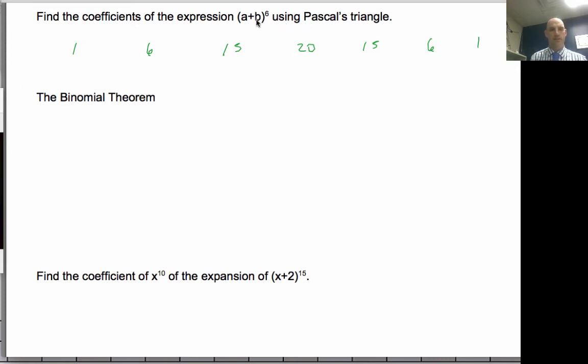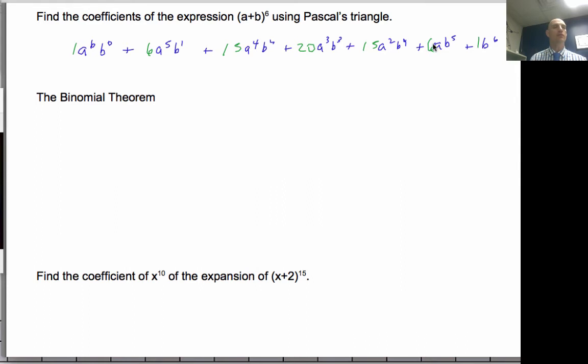They go like this: a to the 6th, b to the 0; 6, a to the 5th, b to the 1st; a to the 4th, b to the 2nd; a to the 3rd, b to the 3rd; a squared, b to the 4th; a, b to the 5th, b to the 6th; plus, plus, plus, plus, plus, plus. That's exactly how it goes, guys.